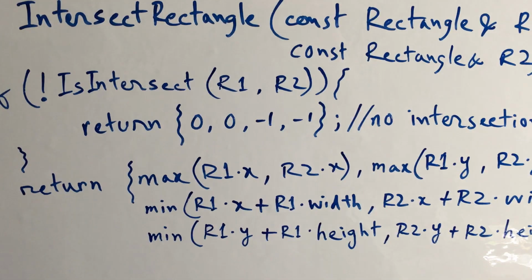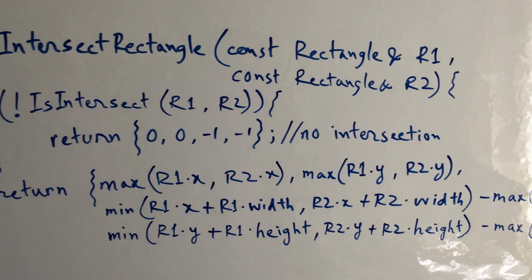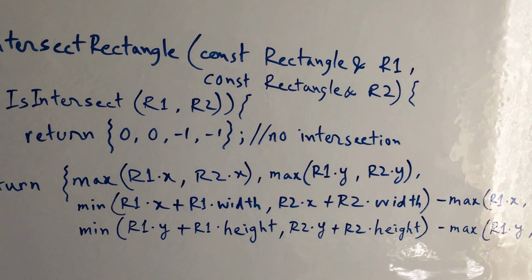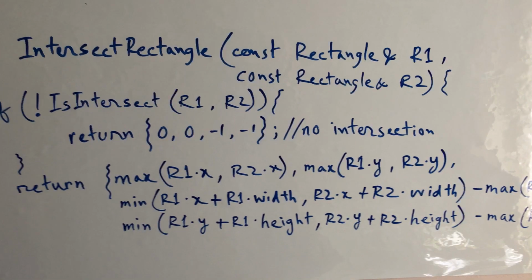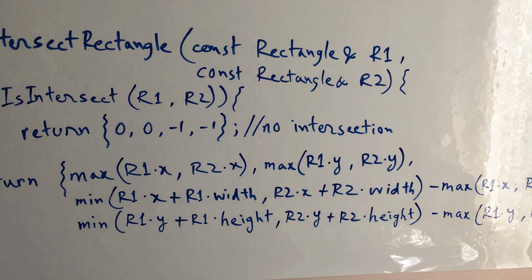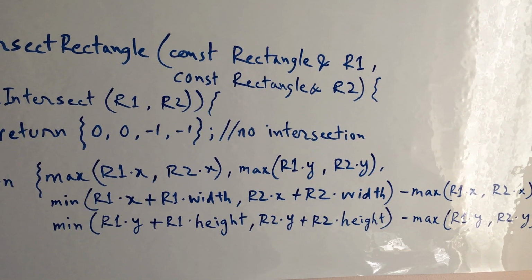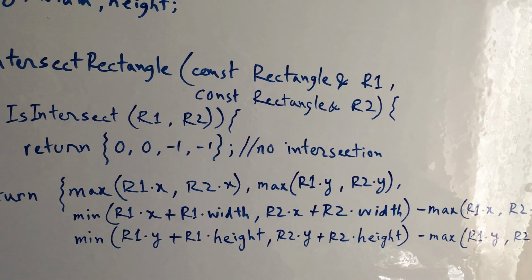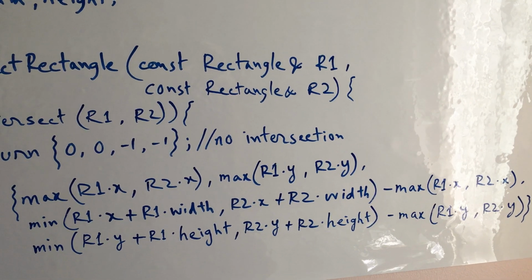So here is the condition which finds the maximum. It returns four parameters. First, it will return the maximum of the x-axis and the y-axis, as well as the difference between the x-axis plus the width for the first rectangle and the second rectangle.